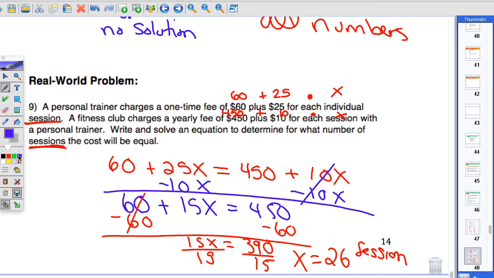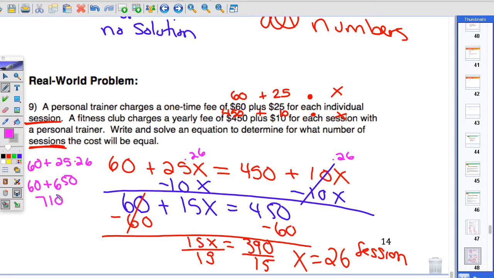We can substitute in and check to see if it works. So we substitute in the 26 for x, and we would have 60 plus 25 times 26, and 25 times 26 is 650. And we add that to the 60, we get 710.